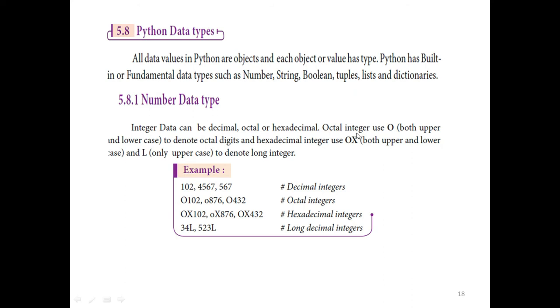For octal integers we use O, both uppercase and lowercase, so the O can be small or big, either will be accepted. To denote hexadecimal integers we apply OX, both uppercase and lowercase. We specify the L: if you give L, for example 34L, it is considered a long decimal integer. So the number data type can be decimal, octal, hexadecimal or long decimal, as applied in the Python program.